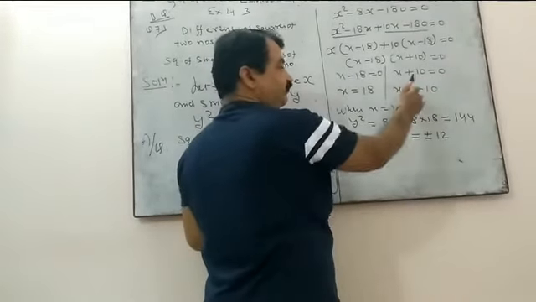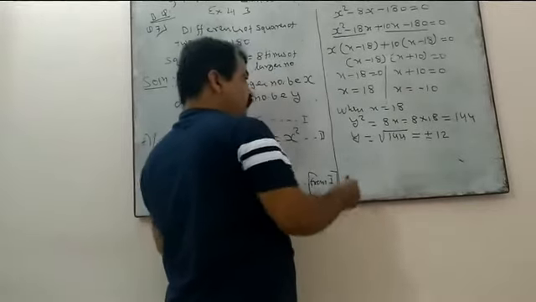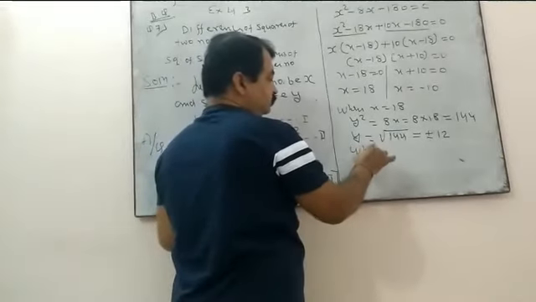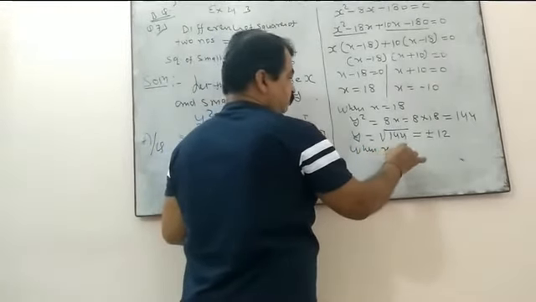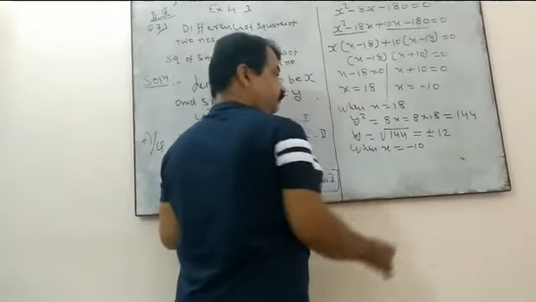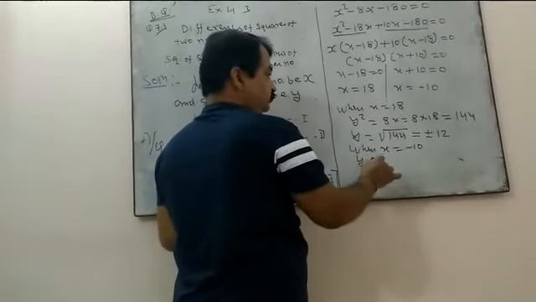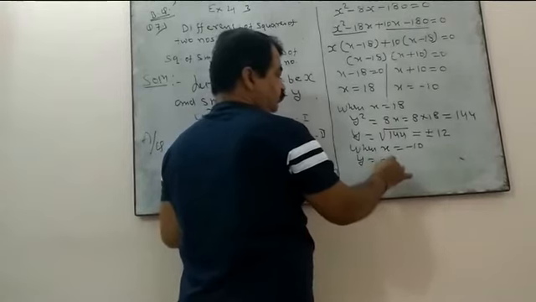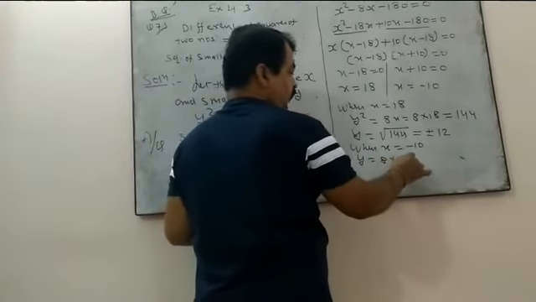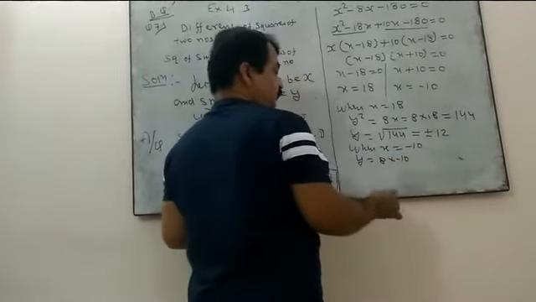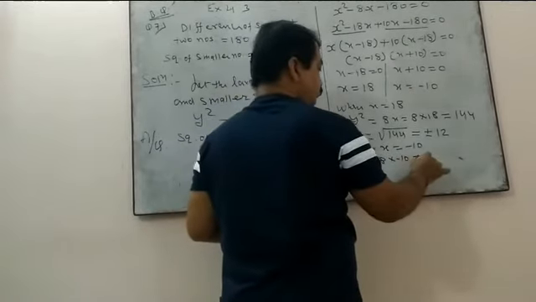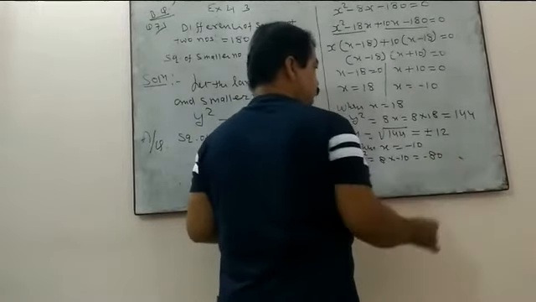So let's check for the other number also. When x is minus 10, right? So what will be y square? 8 into minus 10, y square, sorry. So what do you get? Minus 80. Okay.